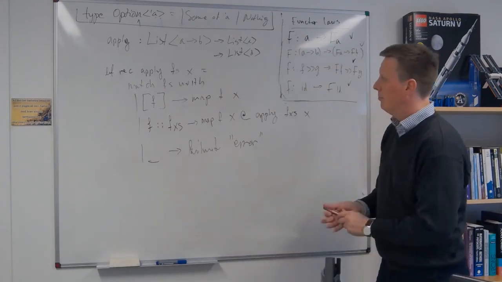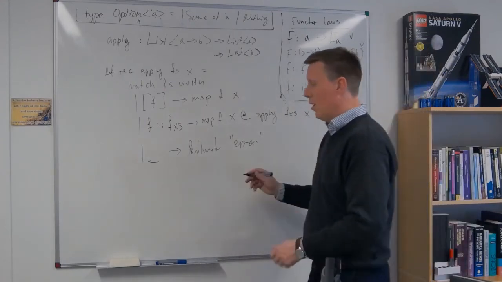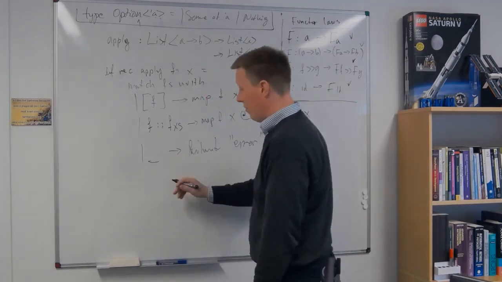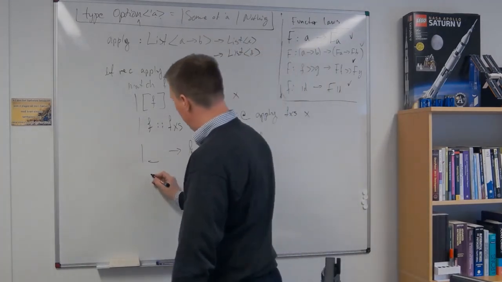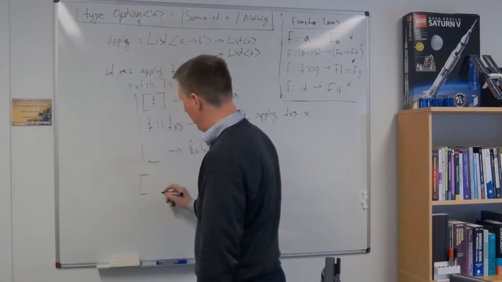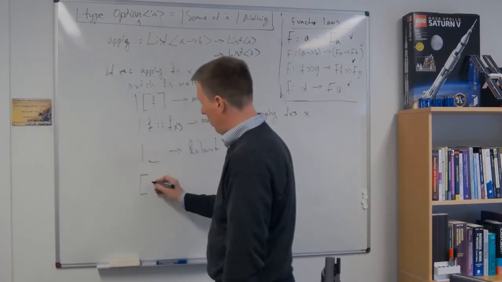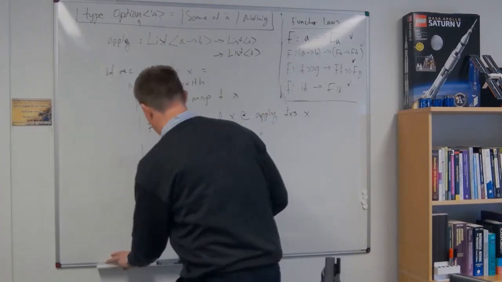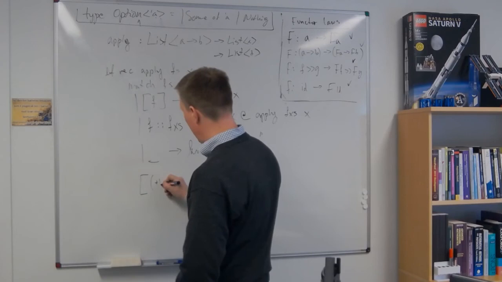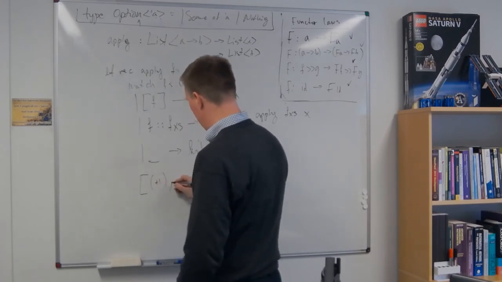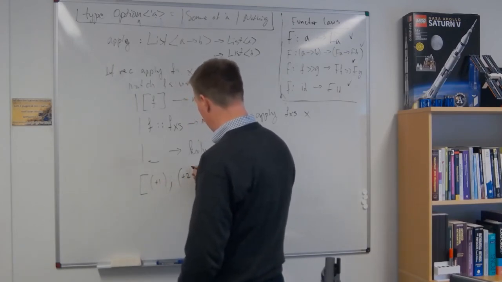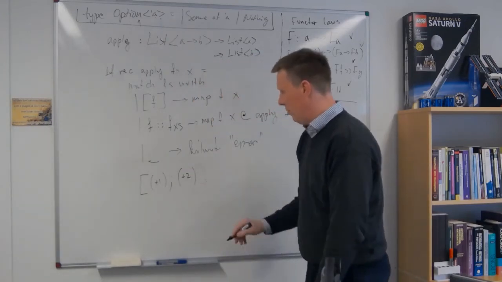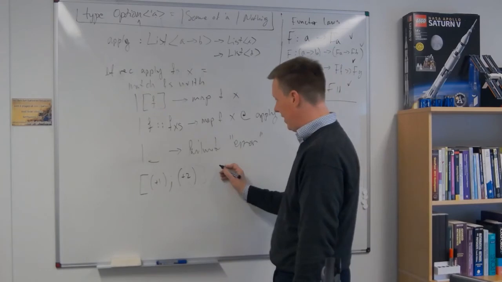Okay, so what can we do with this thing? We can do pretty fancy stuff. So we can take a function like this. For example, we could do +1, +2. So we partially apply add 1 and add 2. So now these are already in lists.